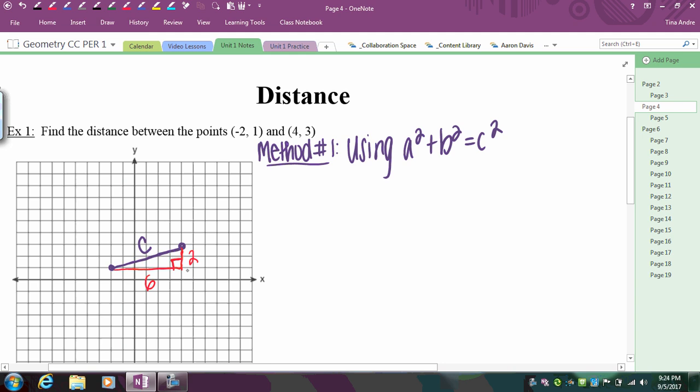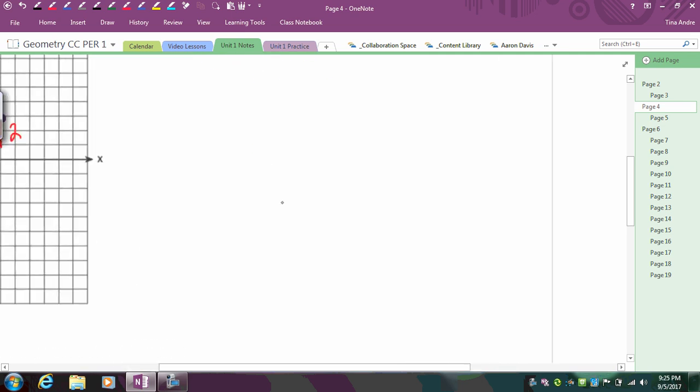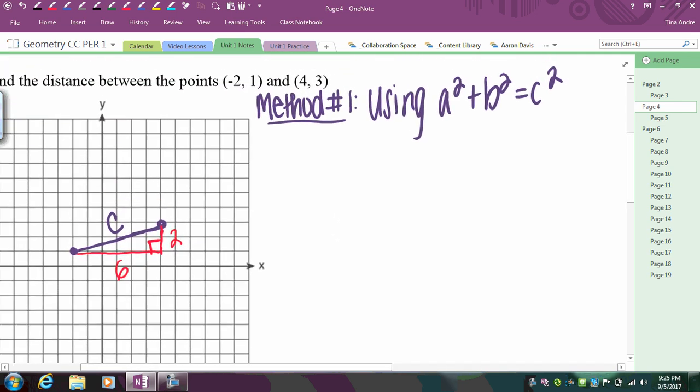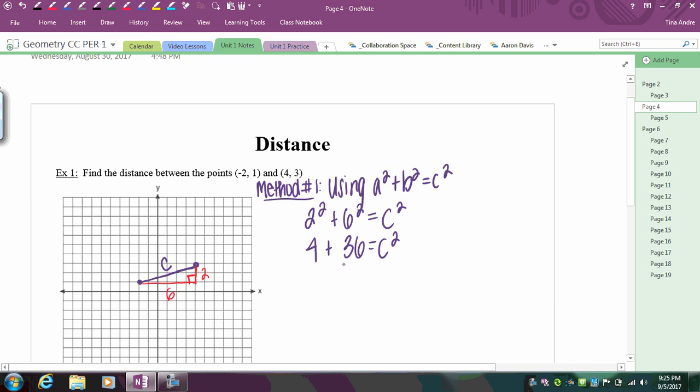Remember, the legs don't matter, but c is the longest side. So that means I have 2 squared plus 6 squared equals c squared. So 2 squared is 4, plus 6 squared is 36, equals c squared. Combine those, so you get 40 equals c squared.